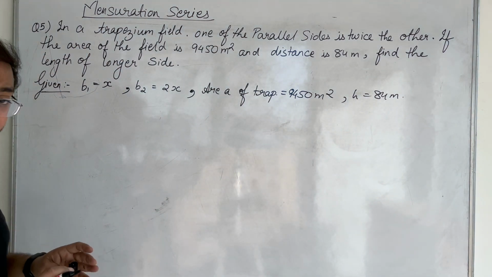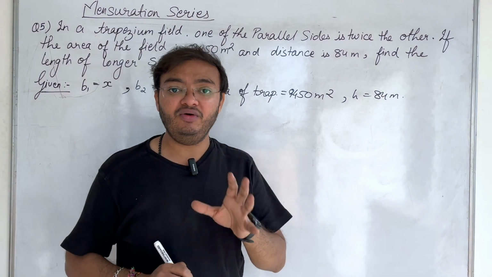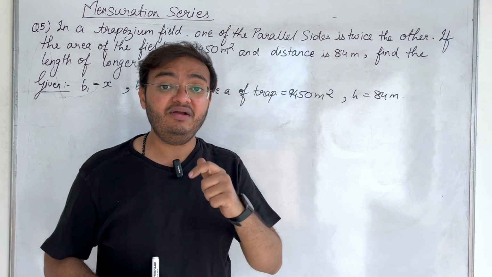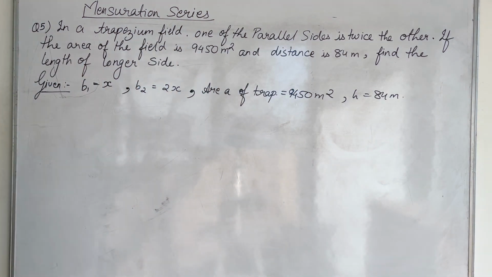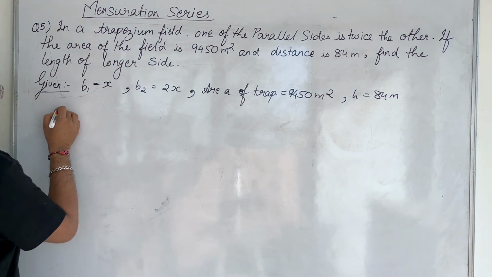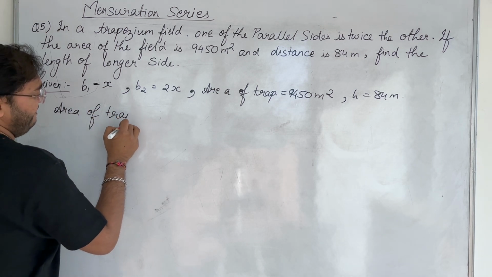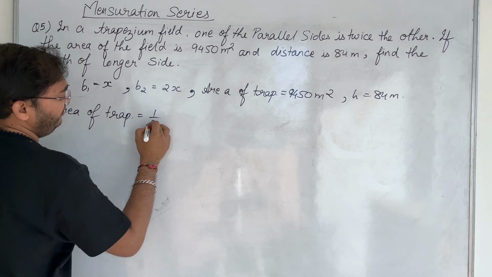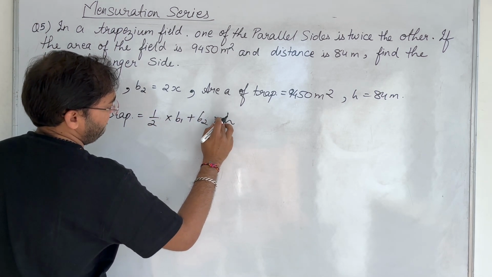That means we need to find first of all the lengths of the sides, and once we know them, the longest one will be your answer. So let's solve this. We will always start solving from the given data. That means area of trapezium is equal to half into b1 plus b2 into height.